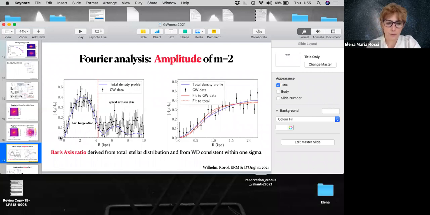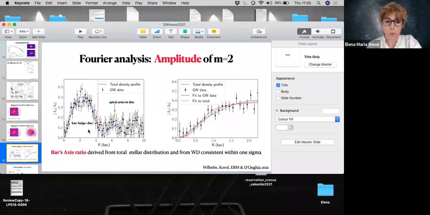And here you see the amplitude as a function of the distance from the galactic center. We have an increase and decrease in the amplitude that spans about 4 kiloparsec. And this is the bar, the signature of the bar.